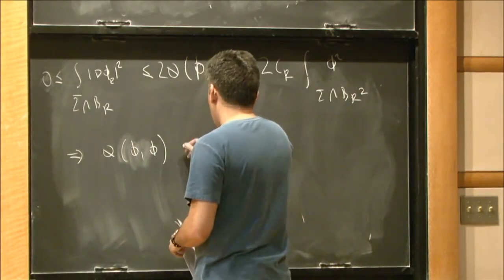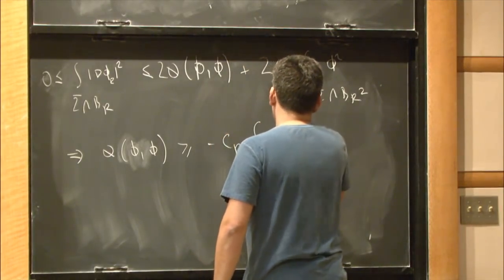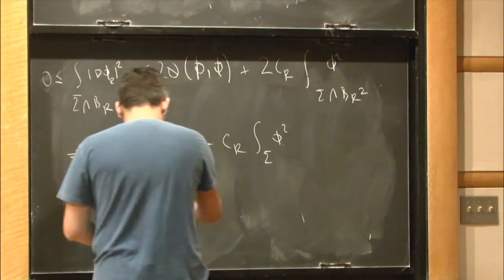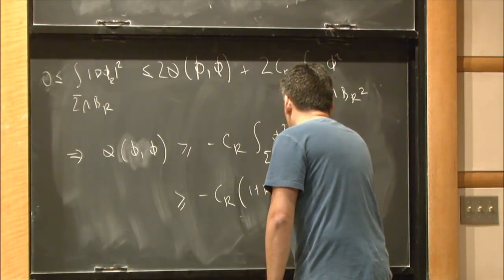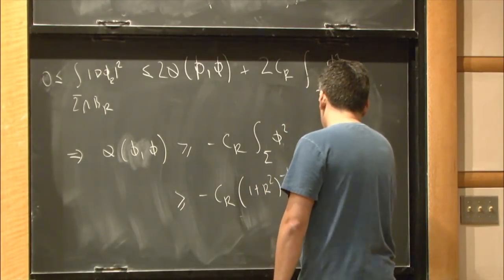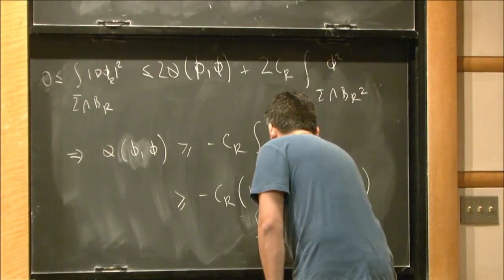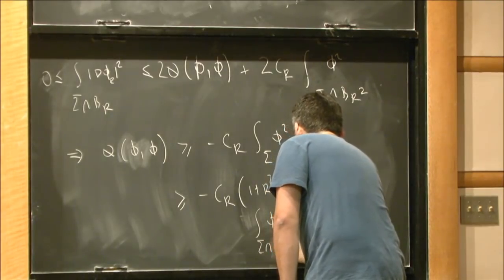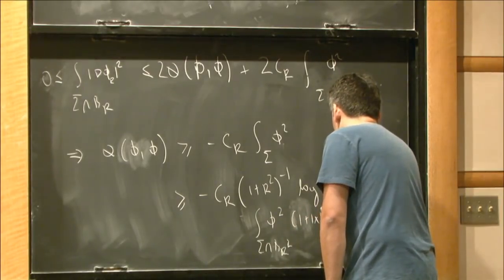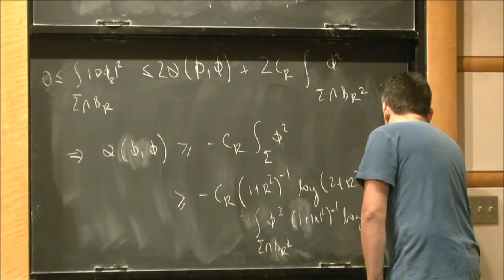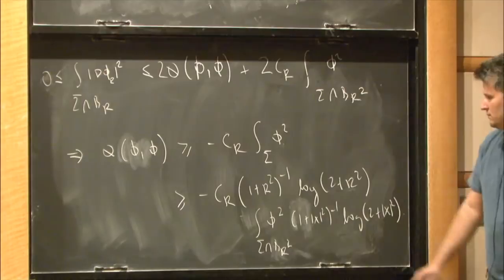So I get that this is greater than or equal to minus a constant times the integral of phi squared. Then I can put a factor like 1 plus r squared minus 1 log 2 plus r squared, and then the integral of phi squared with 1 plus this minus 1 log 2.